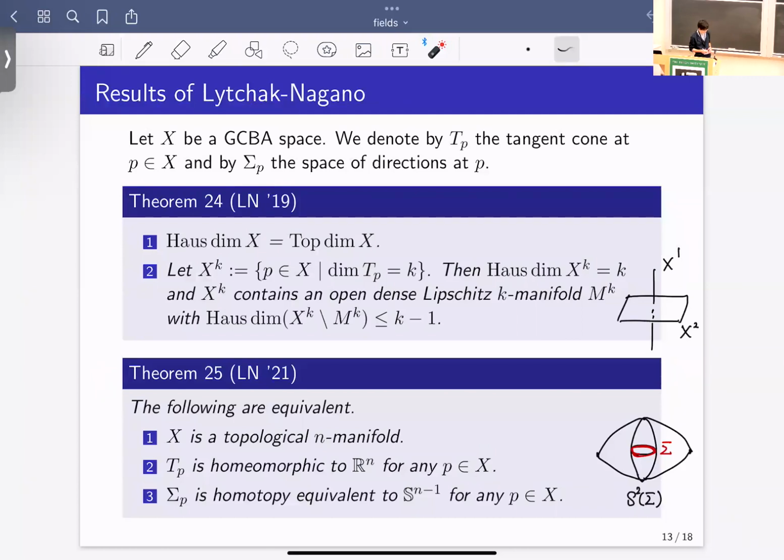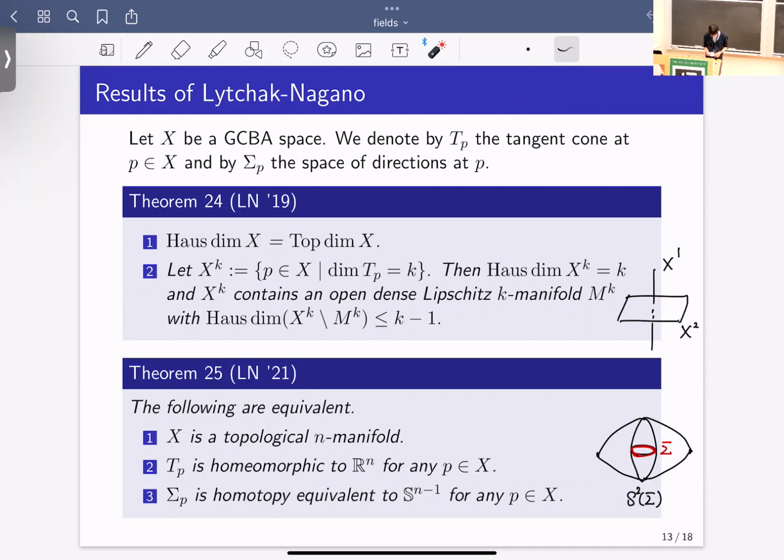The next theorem is called the topological regularity theorem, which characterizes a manifold point in a GCBA space in terms of the tangent cones or the spaces of directions around it. This theorem says that X is a topological manifold if and only if any tangent cone is homeomorphic to Rn, or any space of directions is homotopy equivalent to S^(n-1).